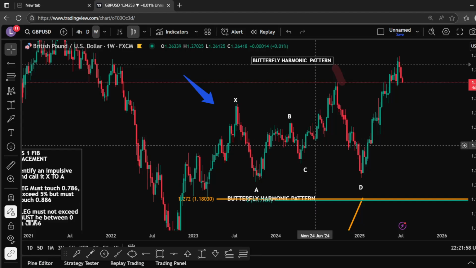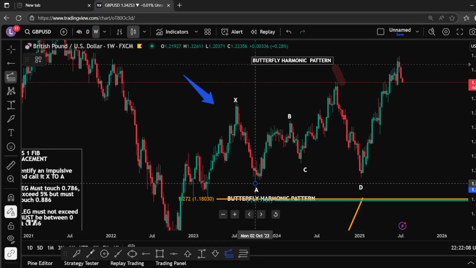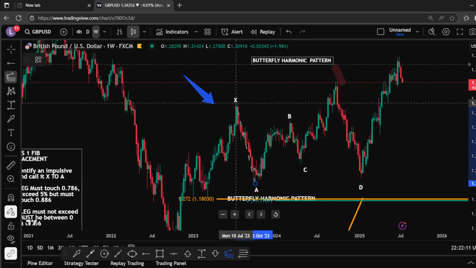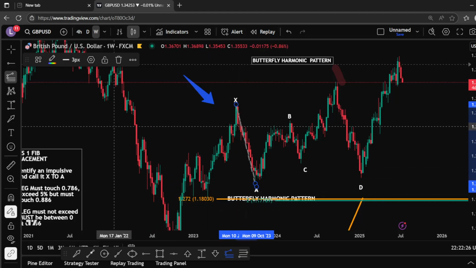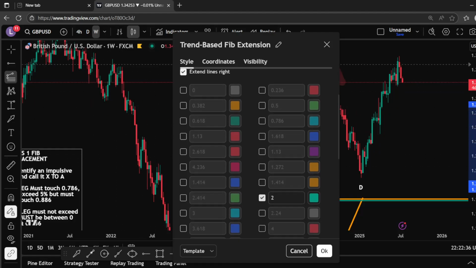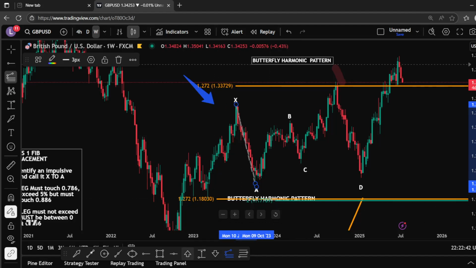Okay, so what you do then is you take the FIB extension, you measure from A to X, back to A, and the number that we need to take the trade is at 1.272 because that is where the D completes on the butterfly harmonic pattern. Okay, 1.272.